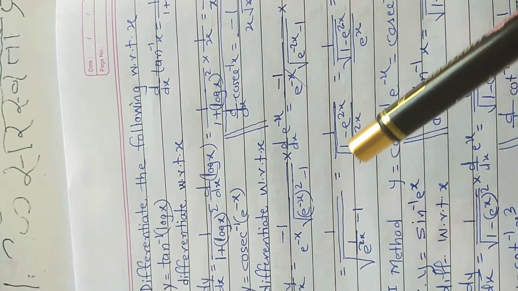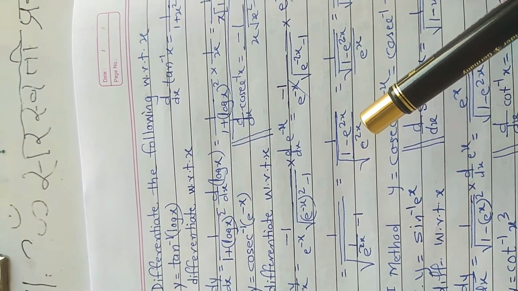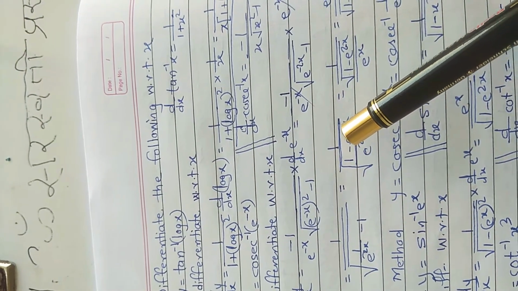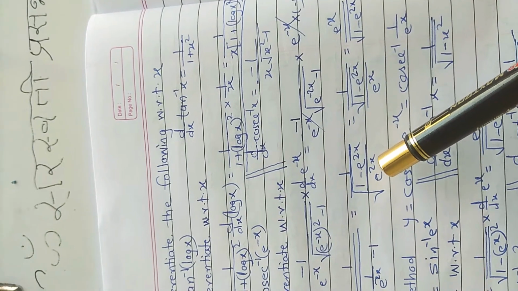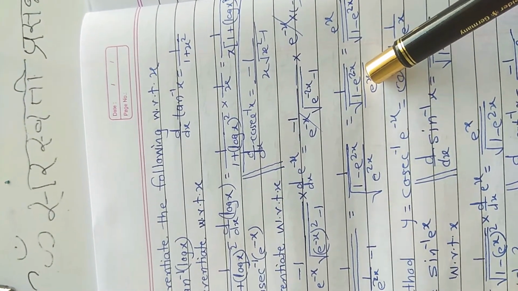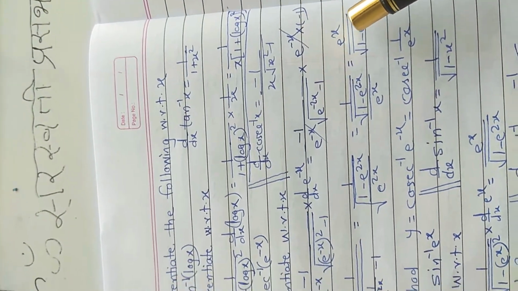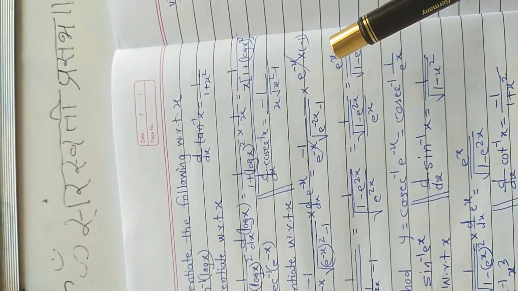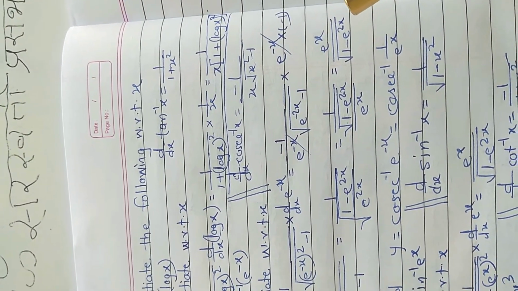Cross multiplying, 1 minus e raised to 2x upon e raised to 2x. Root of 1 minus e raised to 2x will remain as it is. Root of e raised to 2x will be e raised to x. This e raised to x will go up and we will have the derivative as e raised to x upon root of 1 minus e raised to 2x.